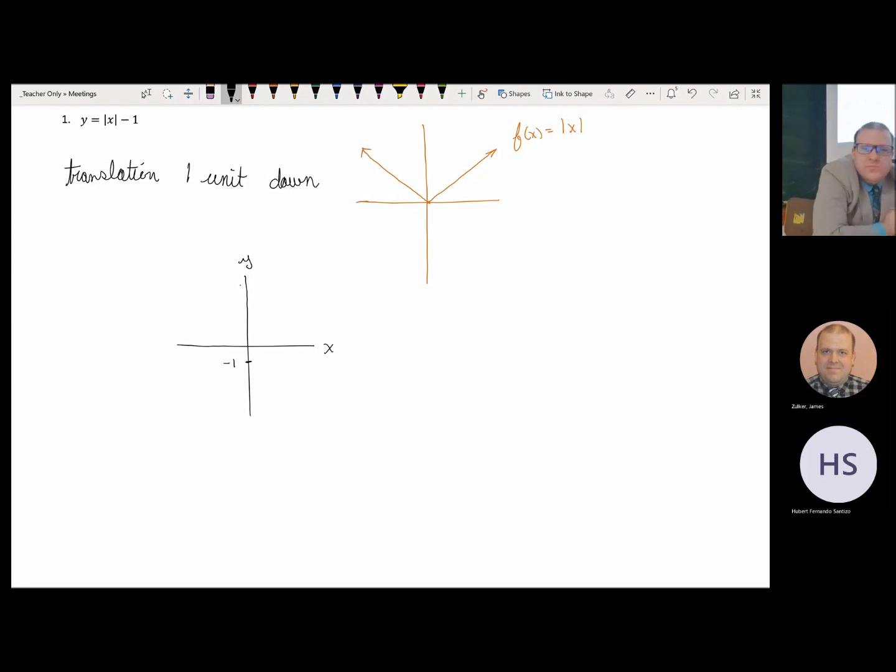That would be negative 1 there, right? Let's say that's 1. And that's negative 1 on the x-axis.